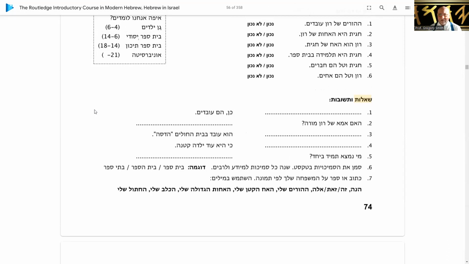A lot of this is reading comprehension in Hebrew. It's not just trying to figure out what a line of Hebrew says. It's making you think about what is going on in the story, and forcing you to write and do things like that. So we're just kind of laboring through it little by little.